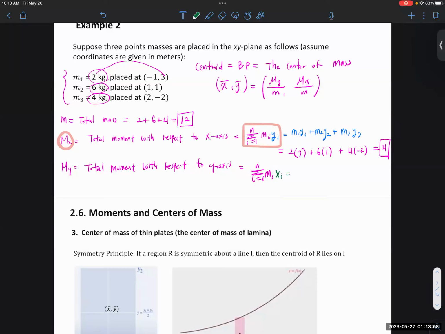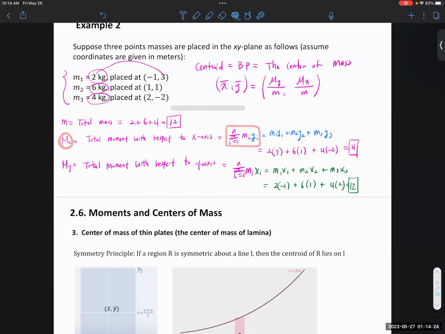So m1 times x1, m2 times x2, m3 times x3. So what happened? 2 times -1, 6 times 1, 4 times 2. If you calculate it, I got 12. So that is the total moment with respect to y.